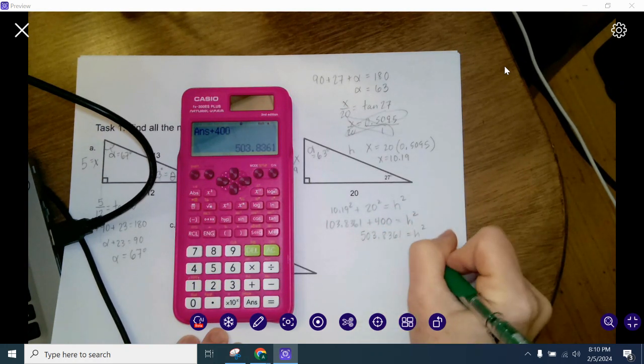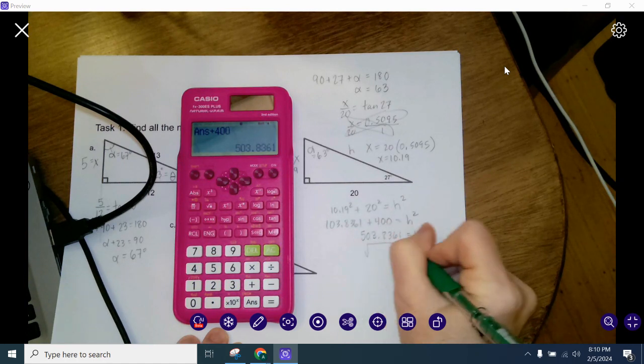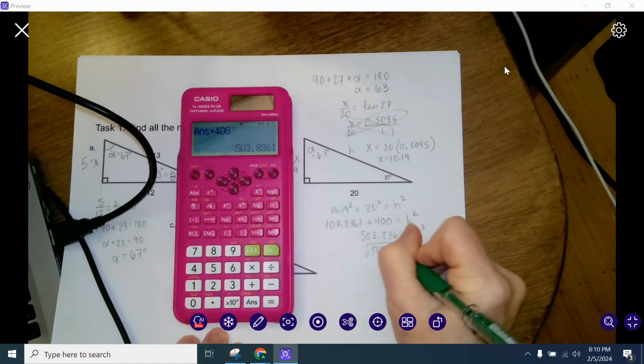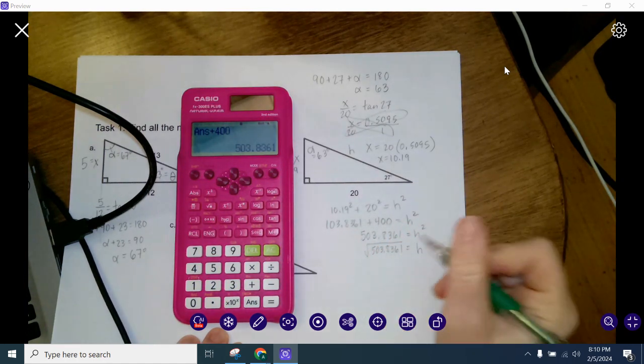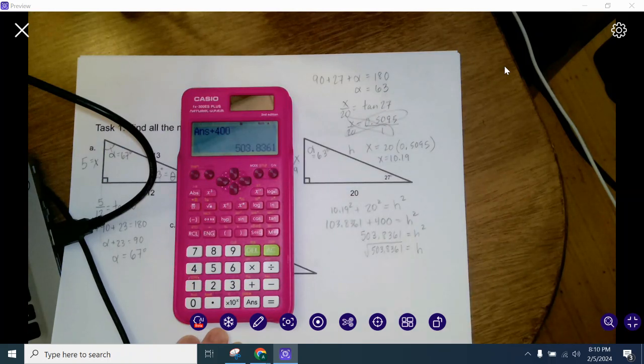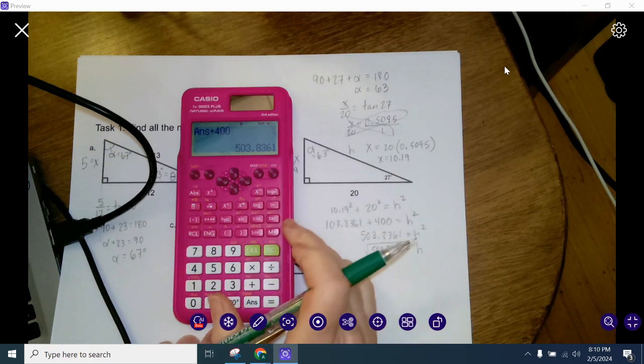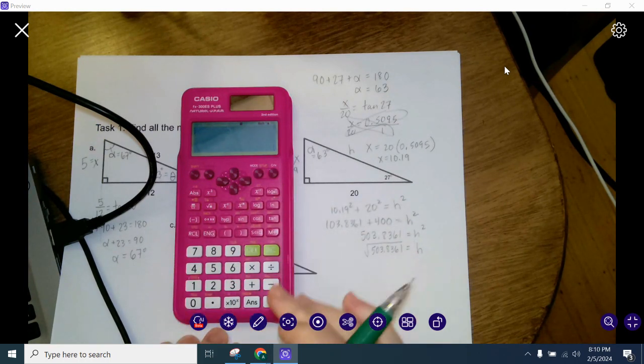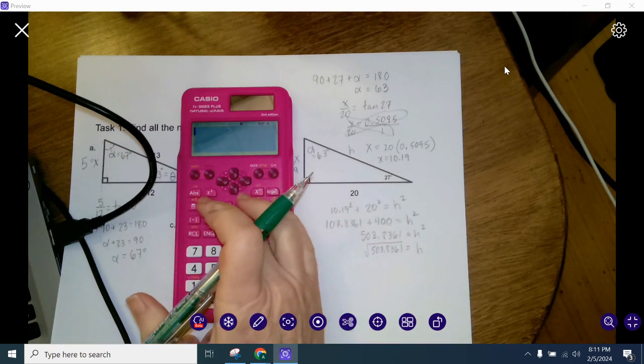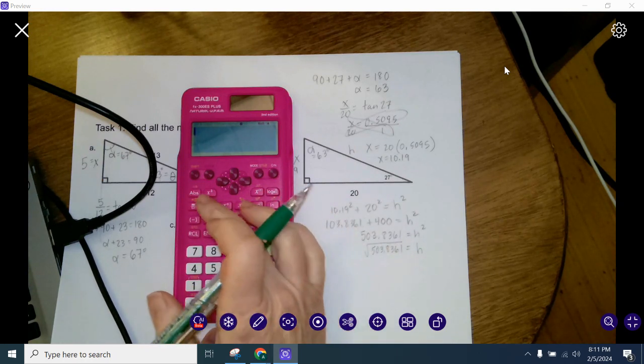So to get my hypotenuse by itself, I need to do the square root of 503.8361. Notice I haven't rounded off yet. This is a good habit, not to round off until the very end. On this calculator, my square root button is all by itself.